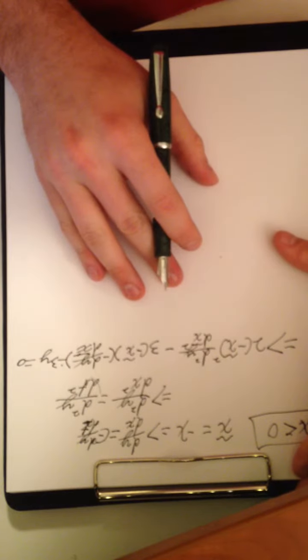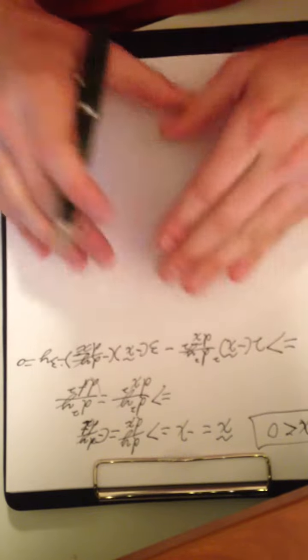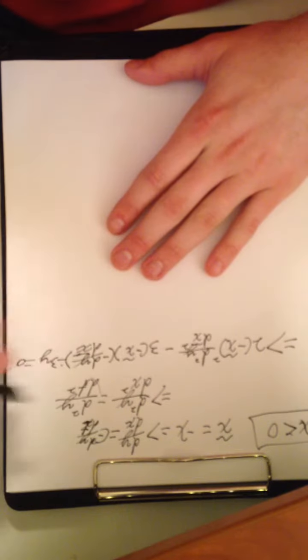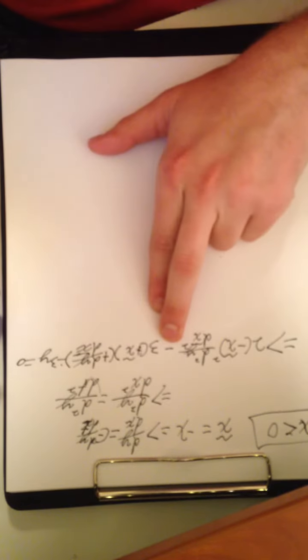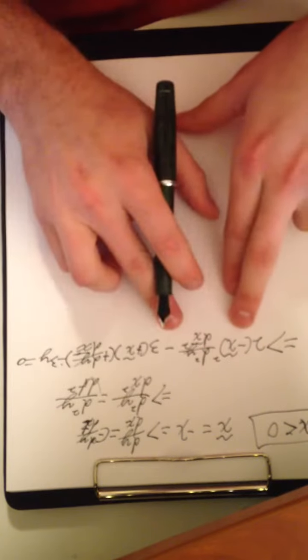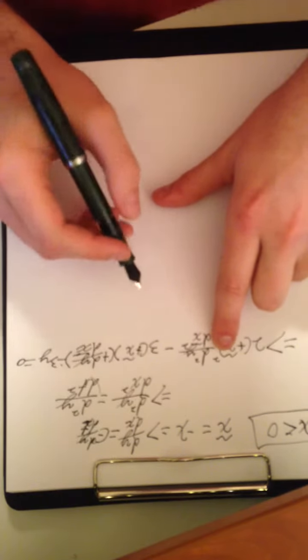Now we simplify it, get rid of some negatives, because this negative and this negative cancel out, so the negative 3 stays, and this negative cancels out because it's squared.